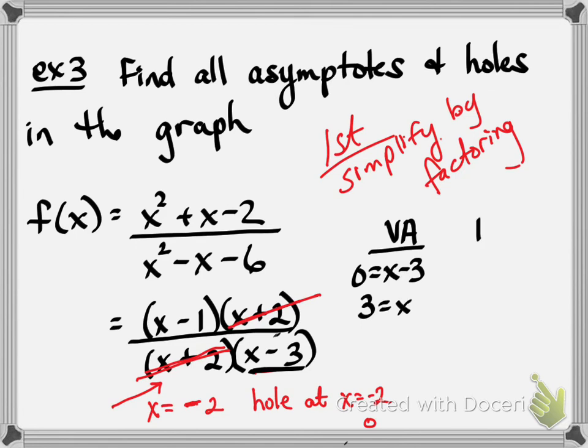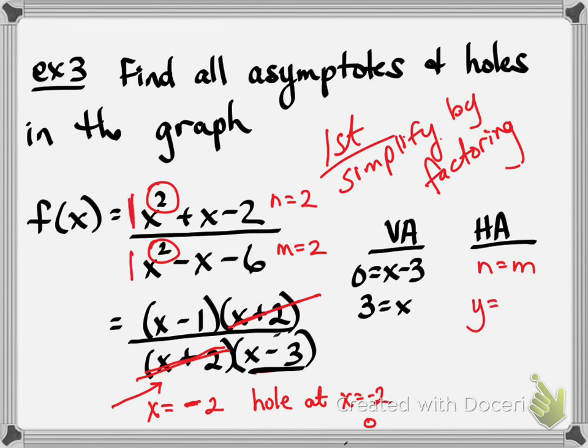And then we will do our horizontal asymptote rules by looking back at the original, comparing our degrees, they are the same. So if n equals m, the horizontal asymptote is the leading coefficient in the numerator over the leading coefficient in the denominator. So the horizontal asymptote is at y equals 1.